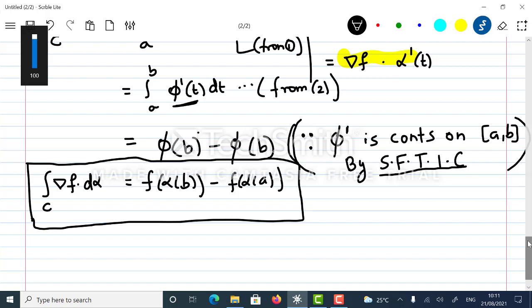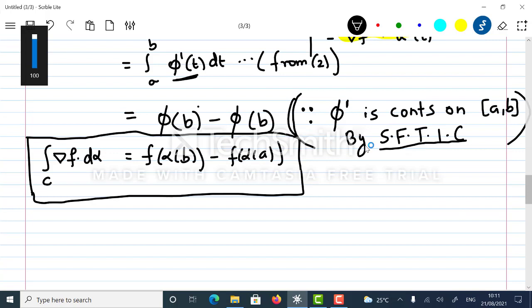Now case 2. Now we will assume that a and b are connected with a piecewise smooth curve. So the path is not direct. Suppose this is my a, going to b straight away.